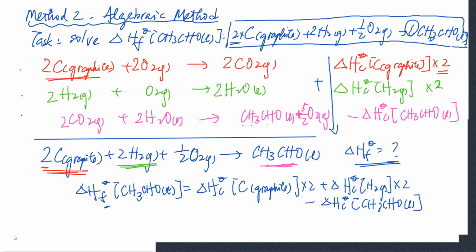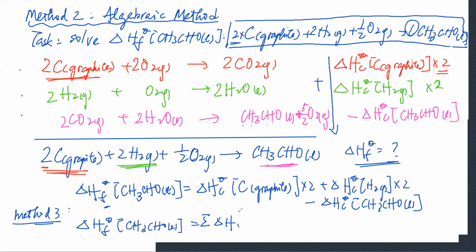Okay, so I would like to tell you the method 3 as well here. The method 3 is a formula, right? But what is the formula? Delta H of formation of a substance is just sum of delta H of combustion of reactants minus sum of the delta H of combustion of the product.